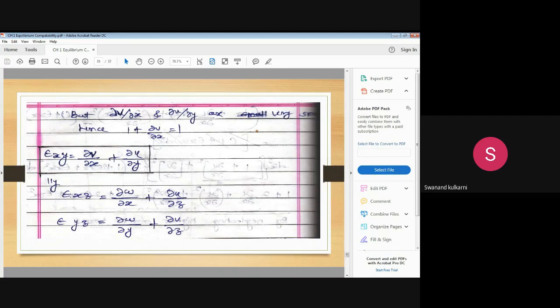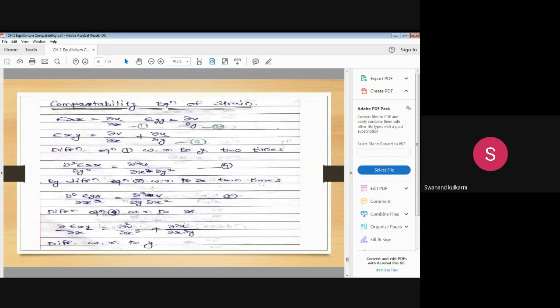Epsilon xz is equal to dou w by dou x plus dou u by dou z. Epsilon yz is equal to dou w by dou y plus dou v by dou z. Is it okay? So here the concept of strain components is over. So all three strains along the x, y, and z directions, and all three strains which are part of the shear strain, are identified.